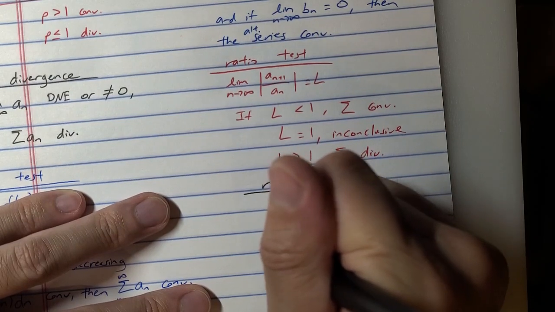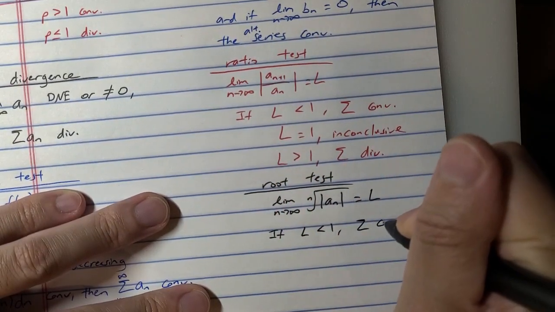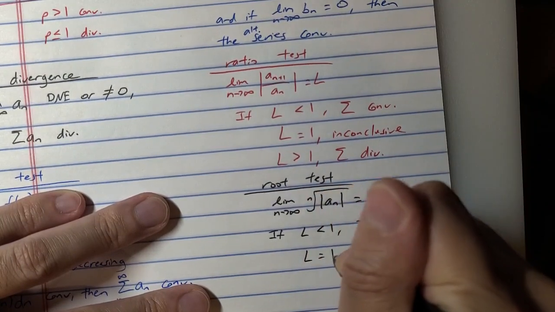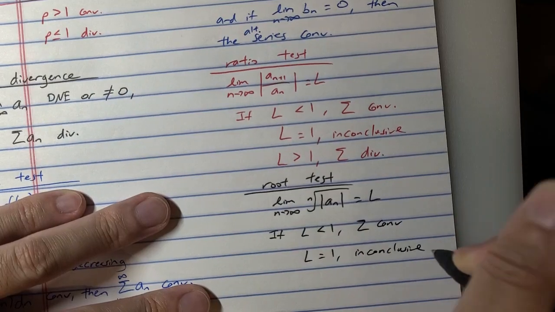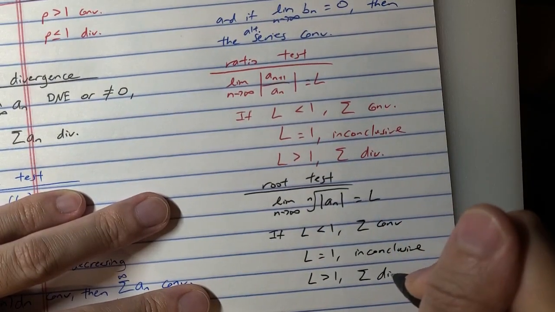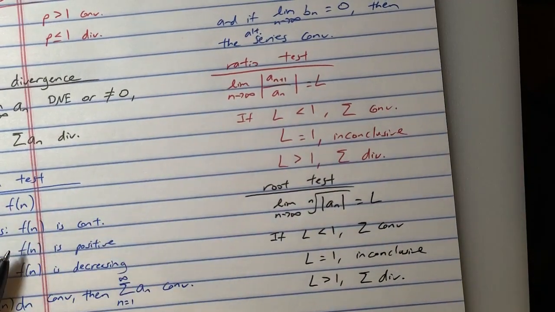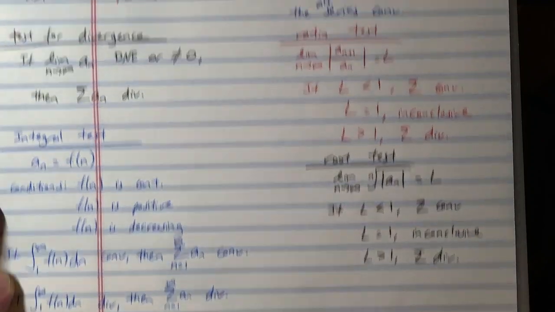Let's write it one more time though. If L is less than 1, the series converges. If L equals 1, it's inconclusive. And if L is greater than 1, the series diverges. And those are all the tests that you learn, at least in Math 2B.